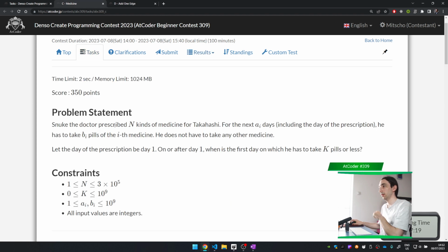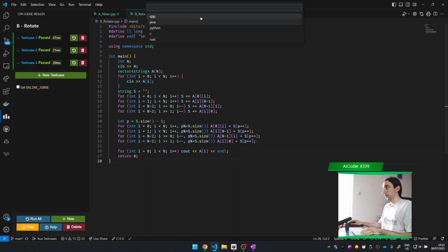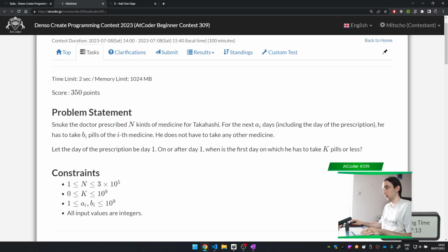Okay, we got AC on B. K pills or less. So for N kinds of medicine, for the next a_i days, he has to take b_i pills of the i-th medicine. He does not have to take any other medicine.